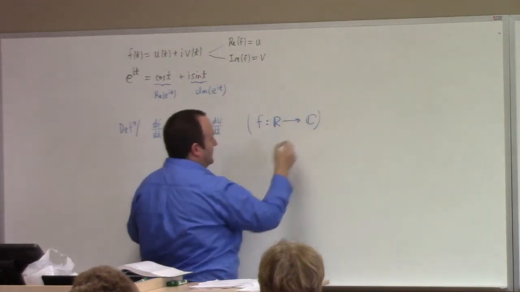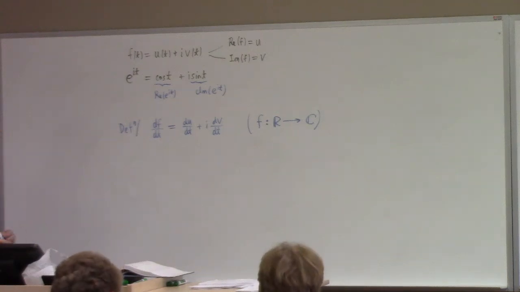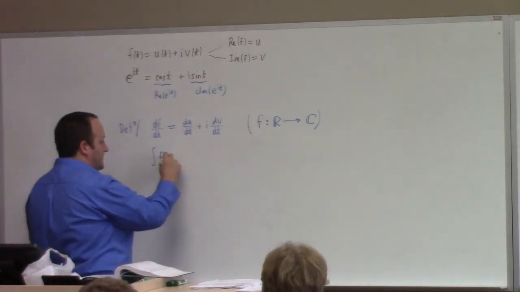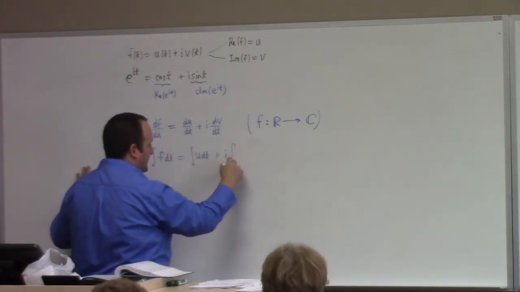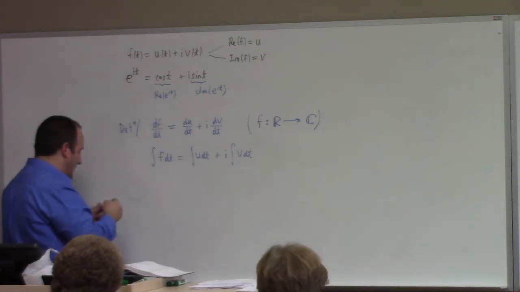The calculus of that kind of function is pretty easy. It's just like the calculus you already know, but you do it for the real part and the imaginary part separately. In a similar way, the integral of f dt is the integral of u dt plus i times the integral of v dt, where those are ordinary integrals, and we can make them definite if you wanted.